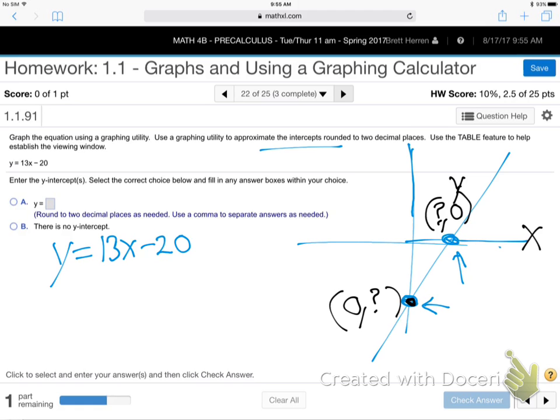And this point is hitting the y-axis, and its x coordinate is 0. So the opposite letter is 0 when you're on a grid line, right? On the y-axis, your x coordinate is 0, because your right and left is 0. And on the x-axis, you're up and down 0, so your y coordinate is 0.